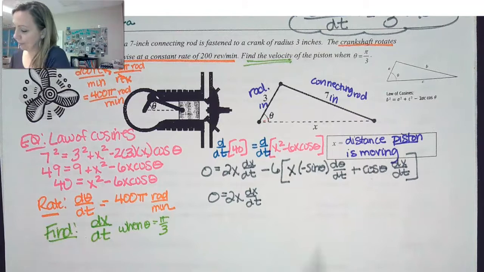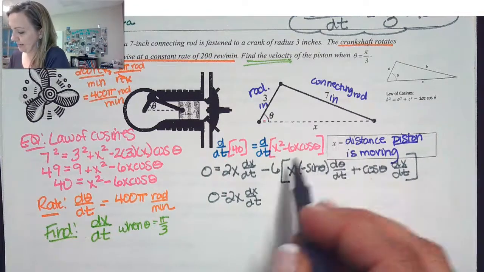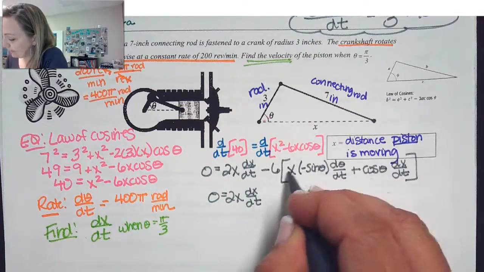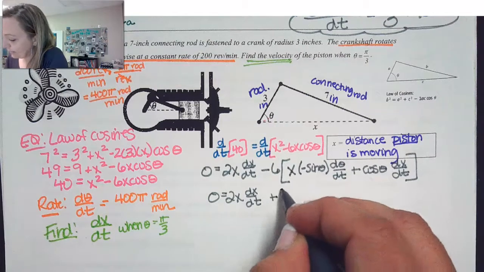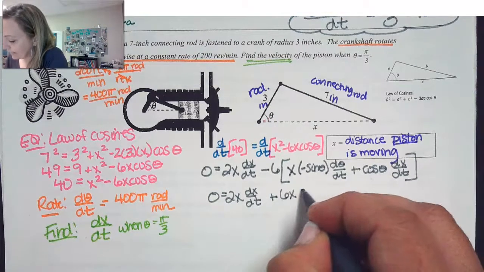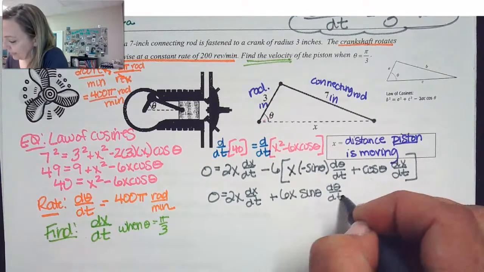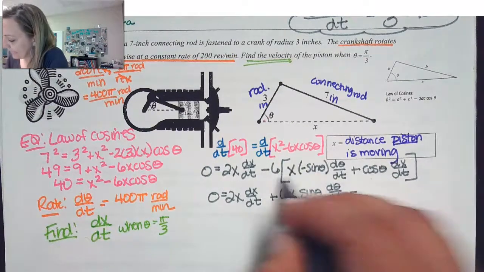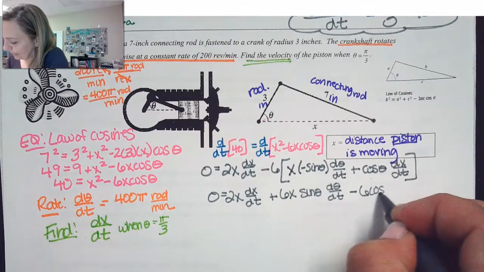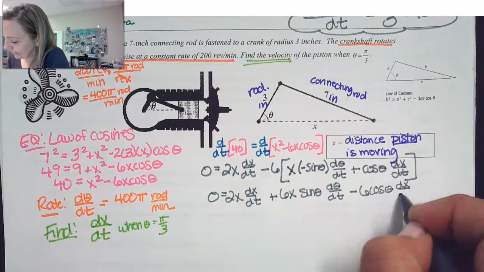Maybe now I'll distribute the -6 that I have here. So this becomes positive 6x sine theta d theta/dt, and this becomes minus 6 cosine theta dx/dt.